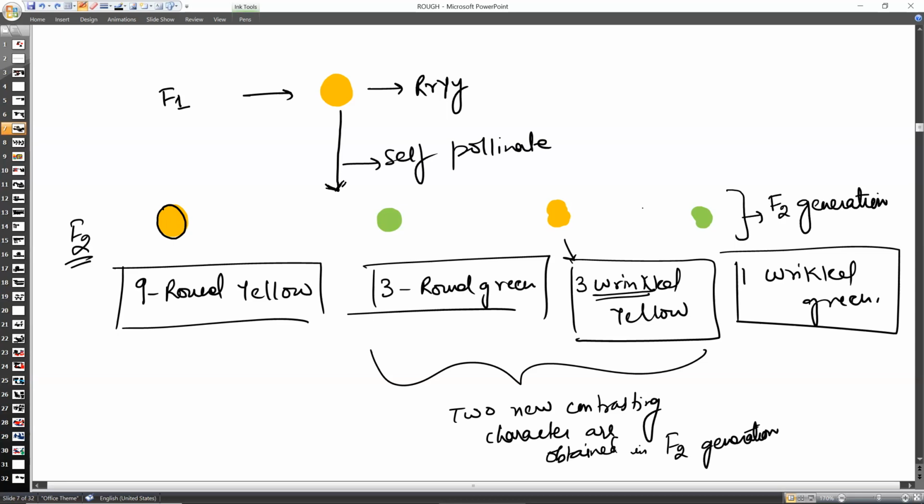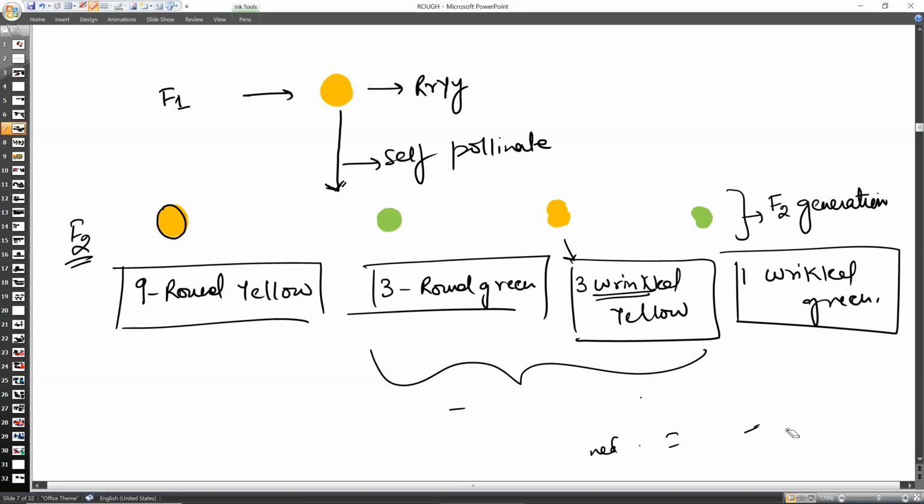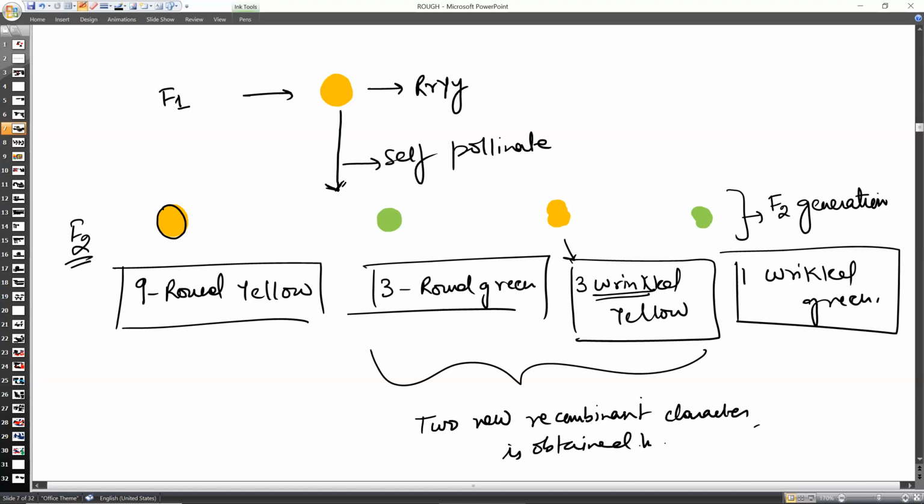But here two new recombinant characters are obtained in the F2 generation. Two new recombinant characters are obtained here.